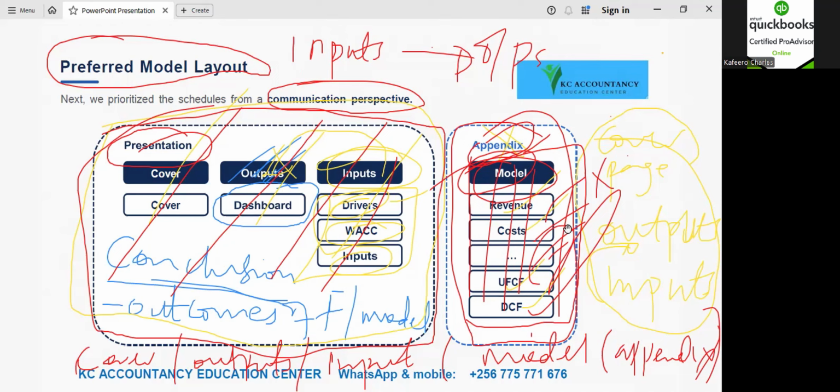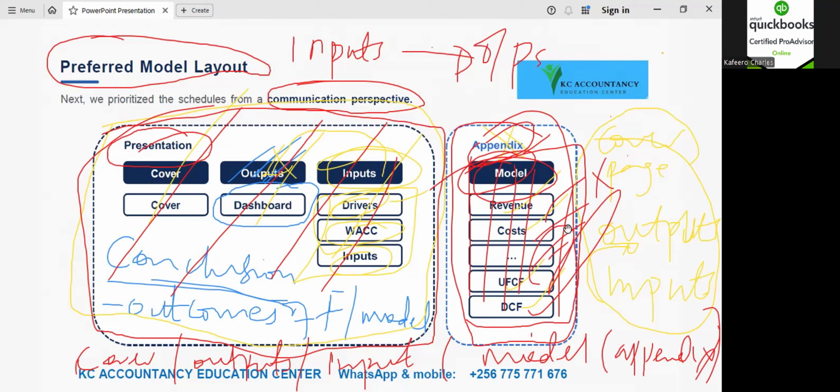This is the part of the model which you don't always need to go into, and if you are working at a higher level within the organization, you may not ever need to look at it from that perspective.